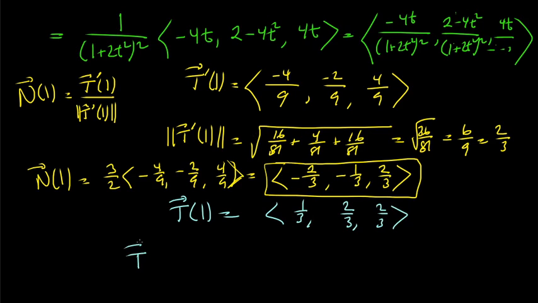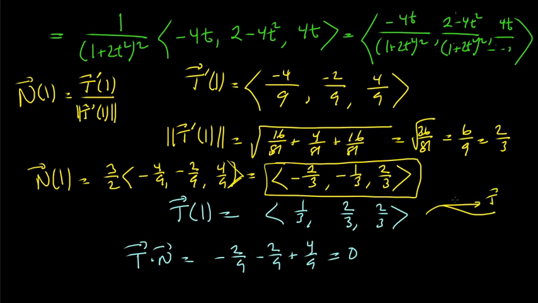So the dot product of T and N is just going to be negative 2 over 9, minus 2 over 9, plus 4 over 9, which is indeed 0. So, right, that's the whole idea here, that if this is the curve, this would be the tangent vector, this would be a normal vector. They have to be orthogonal, so the dot product has to be 0. Okay. Again, that doesn't mean it's correct, it just means that it's reasonable.